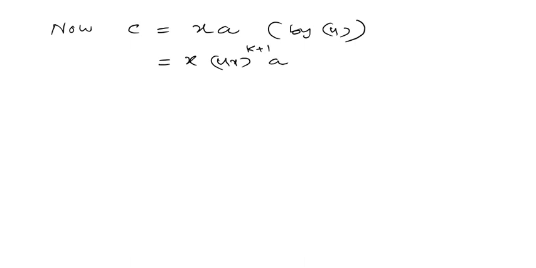Then yv power k plus 1, by second I think, choosing n equal to k plus 1. I think it's second. Okay, by second, n equal to k plus 1.